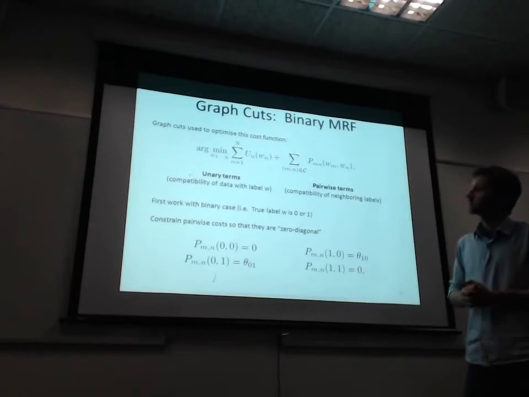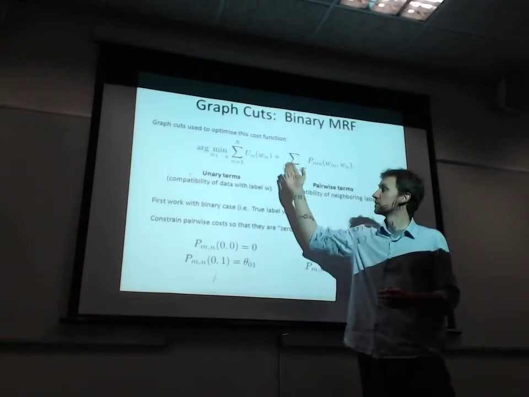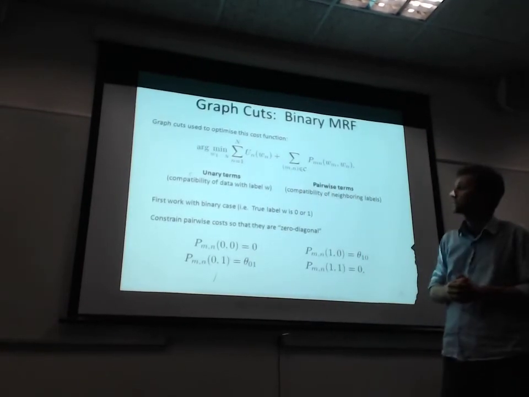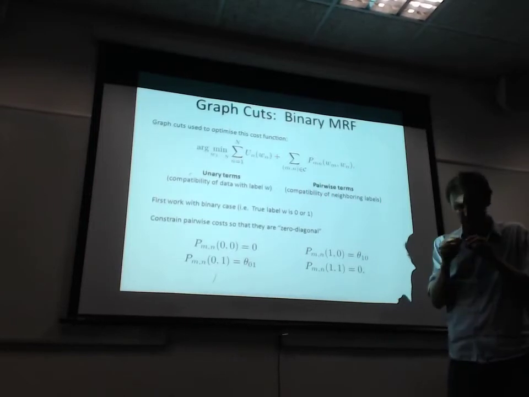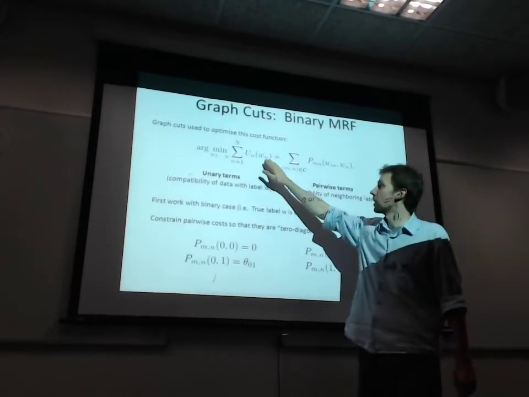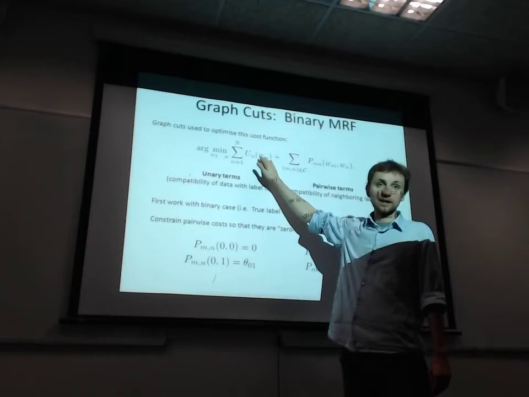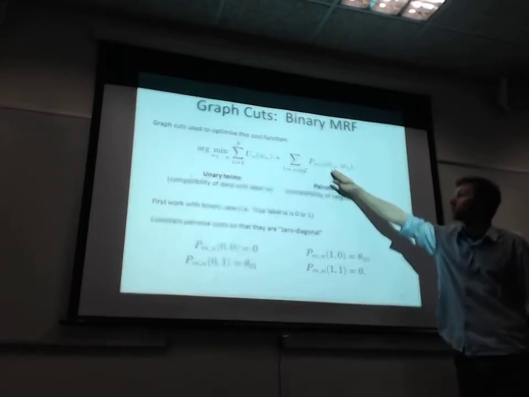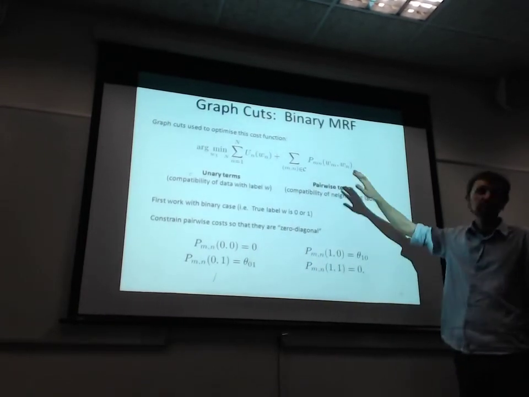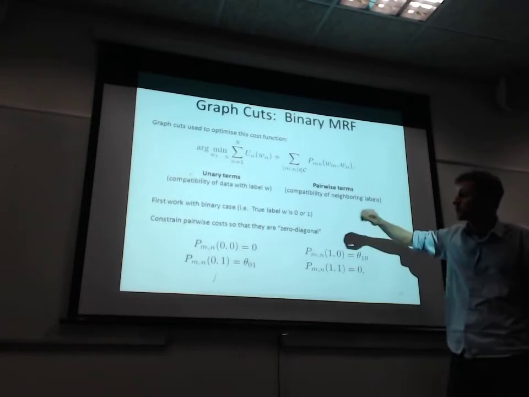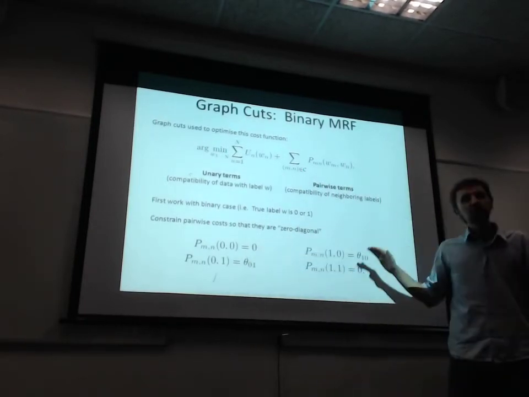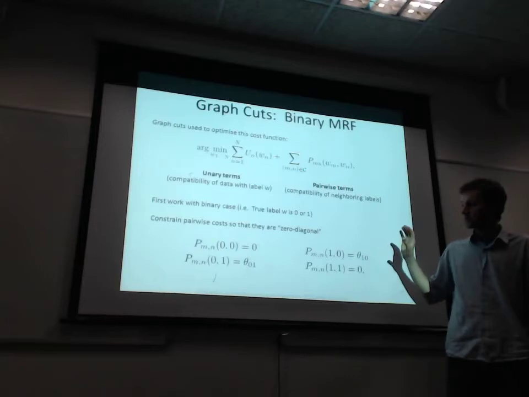So we said, all right, well, we've got this world of unary costs and pairwise costs because we can figure out that we're either dealing with a world state and its associated data, or a world state and any one of its neighbors. Let's just start off for now, and we'll change this in a little while.